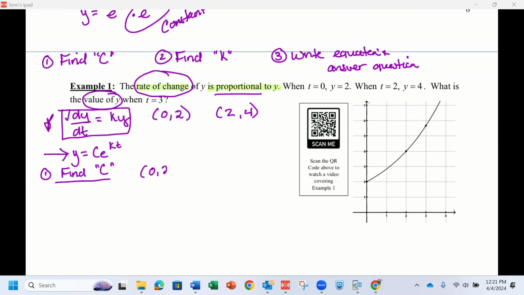So I'm going to use 0, 2. Anytime you want to find that C value, you want to make sure you're using the ordered pair where T is equal to 0 if possible. So I'm going to take out my T, take out my Y, and replace it with 0, 2, and solve for C. So I know that 2 has to be equal to C times E raised to the K times 0 power.